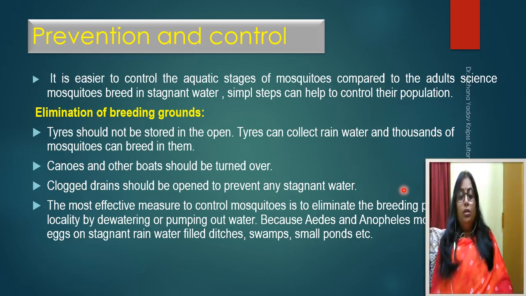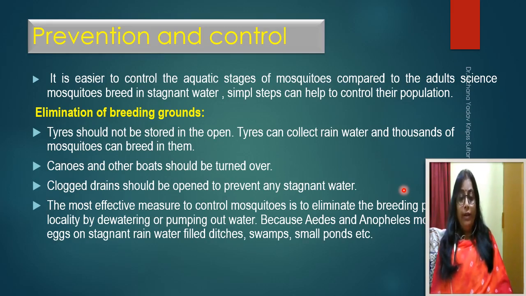So don't store or place any tires or open vessels in an open place, because they collect water and so mosquitoes can breed. Next, canoes and other boats should be turned over. Clogged drains should be opened to prevent any stagnant water.